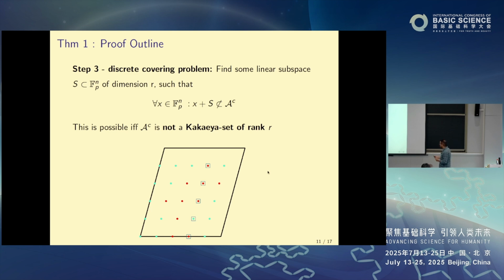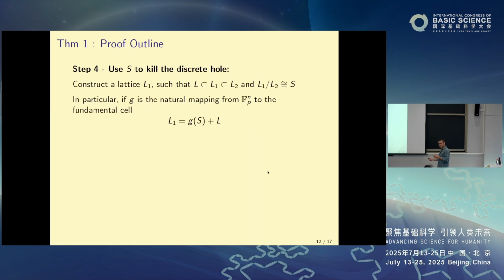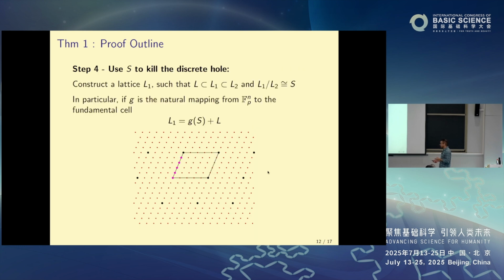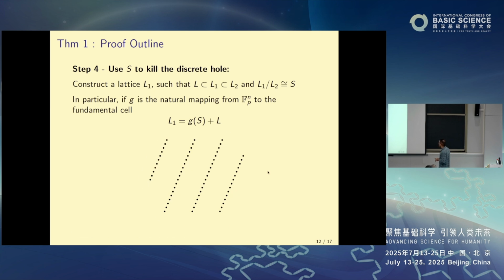So we show that this is indeed the case. We needed to extend a little bit of the Kakea results for this, but we proved that if you randomly draw S and the hole is not too large, you will get what you need.